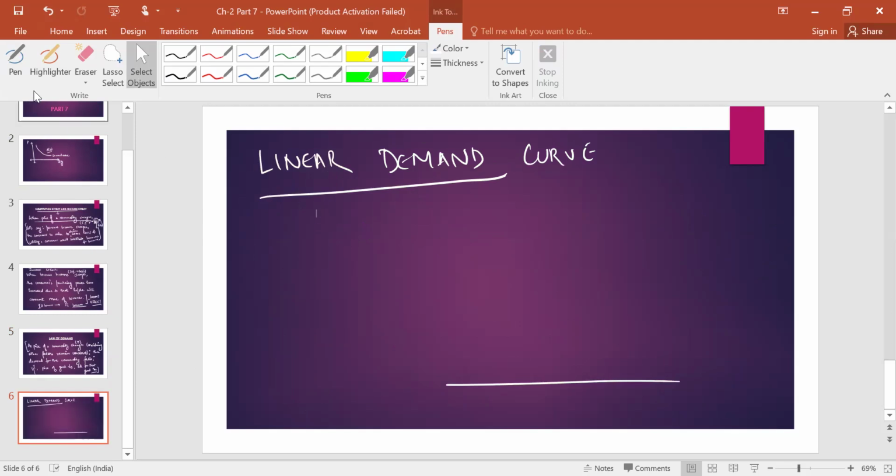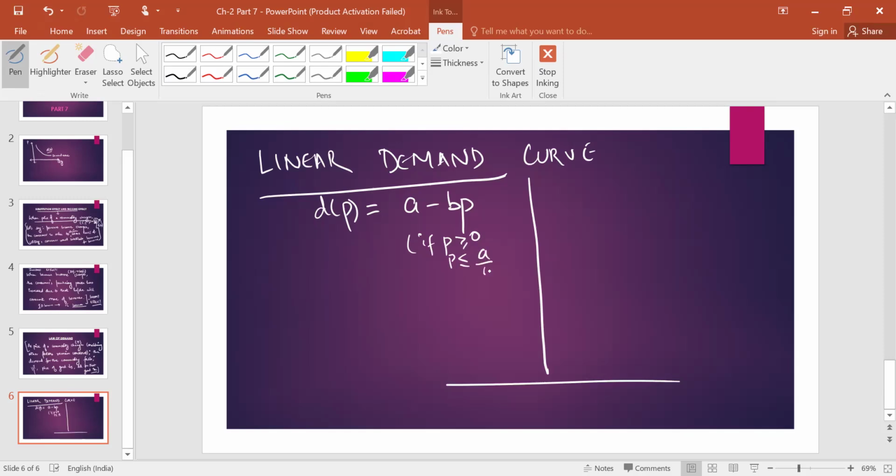Let's take an example where the demand function is like A minus BP, where P is greater than 0 and P is less than A upon B. One second, I'll write the entire function in one.